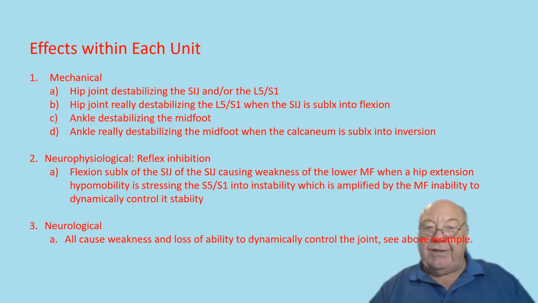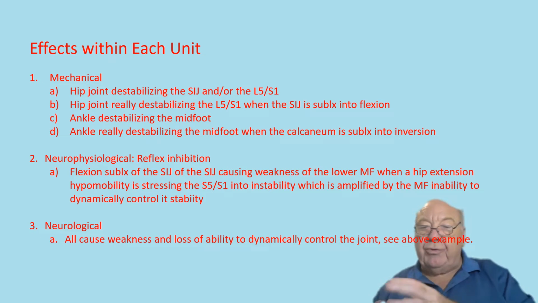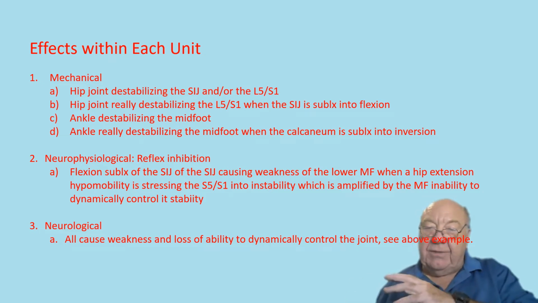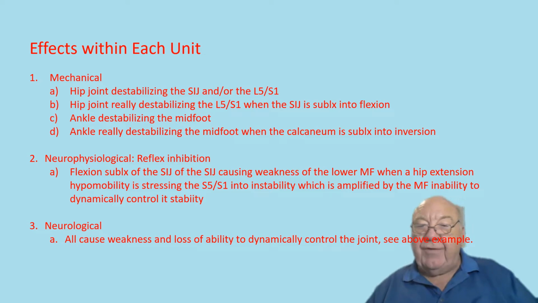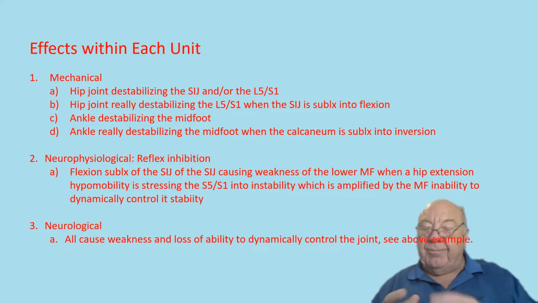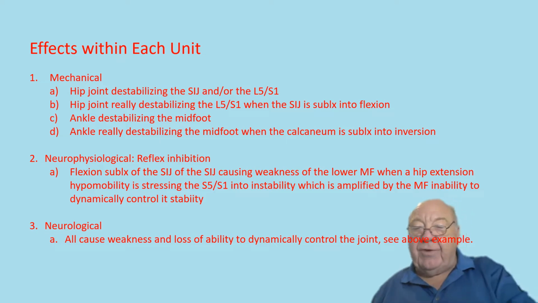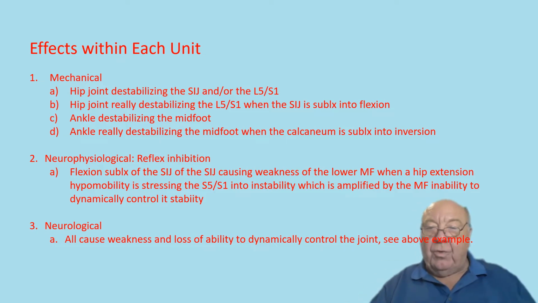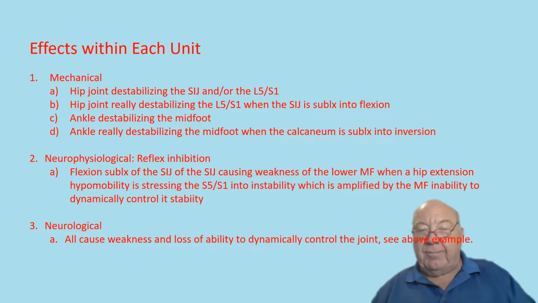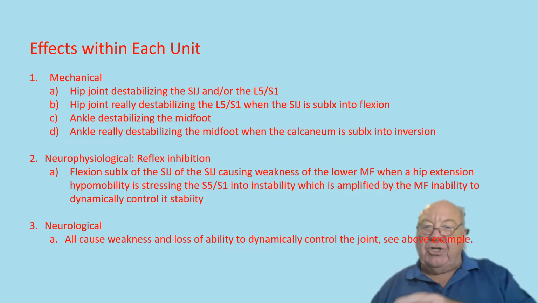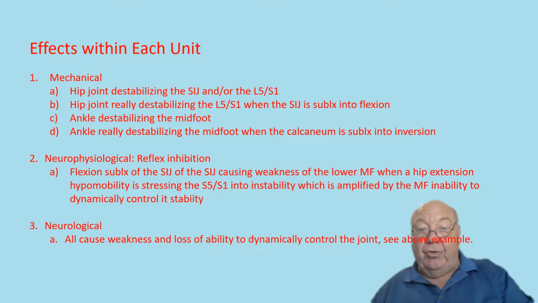So if I've got a flexion subluxation of the SIJ and it's causing weakness of the lower multifidus, which it can do as the muscle does run over it, and a hip extension hypomobility is present and it starts to stress out L5-S1, this is going to be amplified if that multifidus is unable to provide dynamic control to the L5-S1 segment, and it will break down faster.